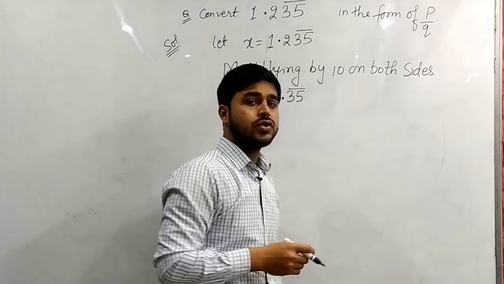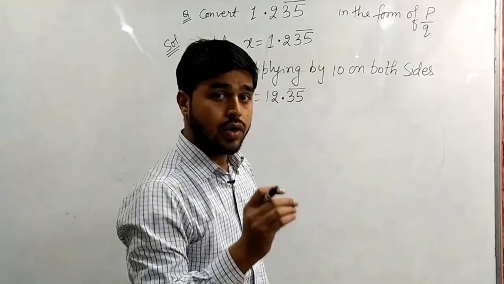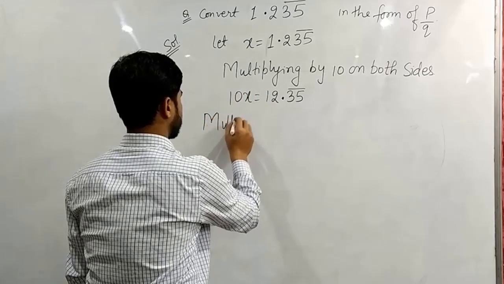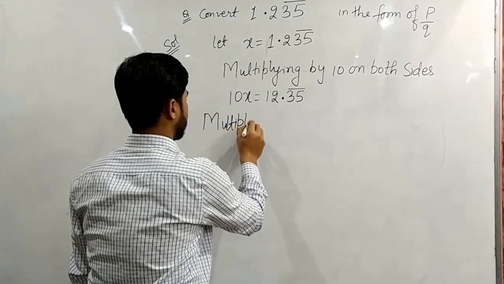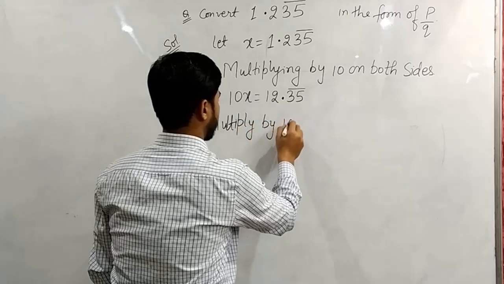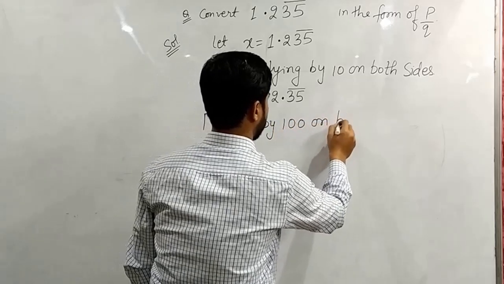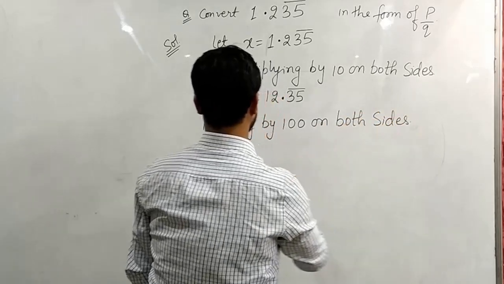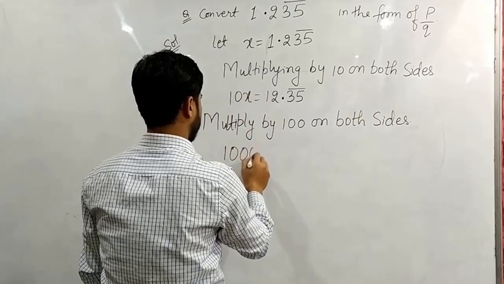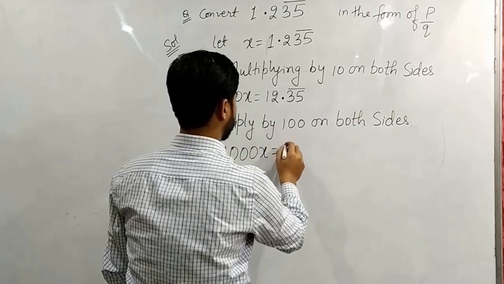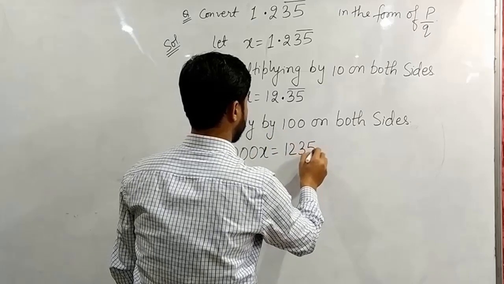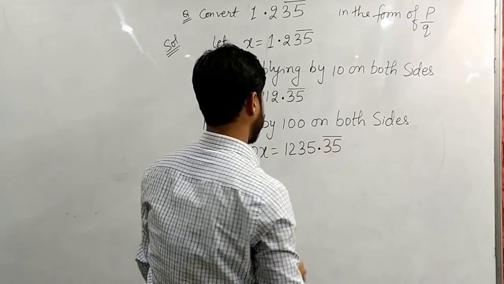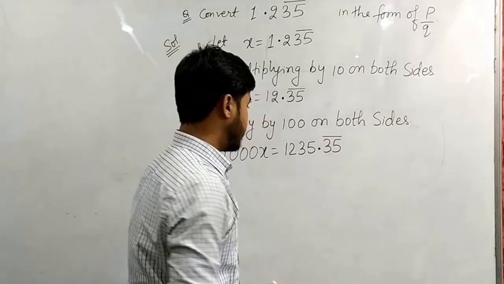As there are two digits, we have to multiply by 100 on both sides. We will get 1000x is equal to 1235.35 repeating, as there is no deficiency of 35 on the right side.